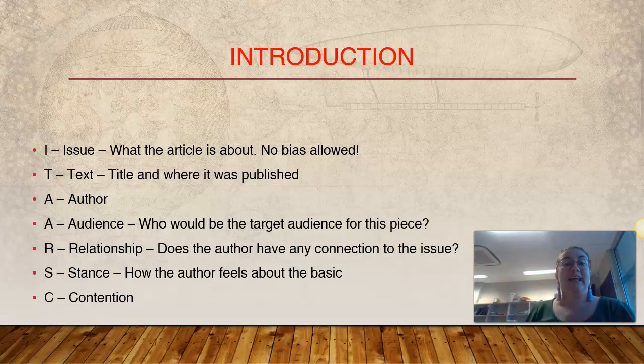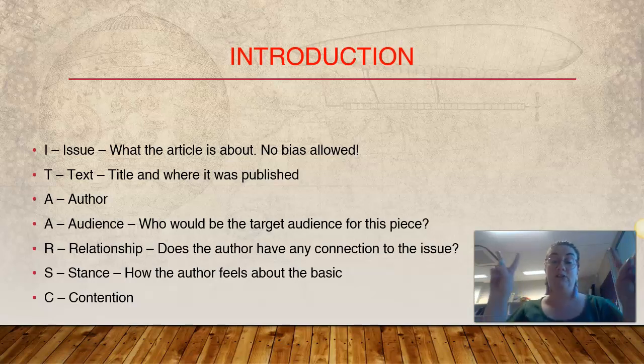Then you need the text. So T stands for text, and that's the title and the article publication stuff. So it might be "Dogs Are the Best", and you put that in inverted commas. That's the title of the article. And then it was published in the Herald Sun, and you underline that.